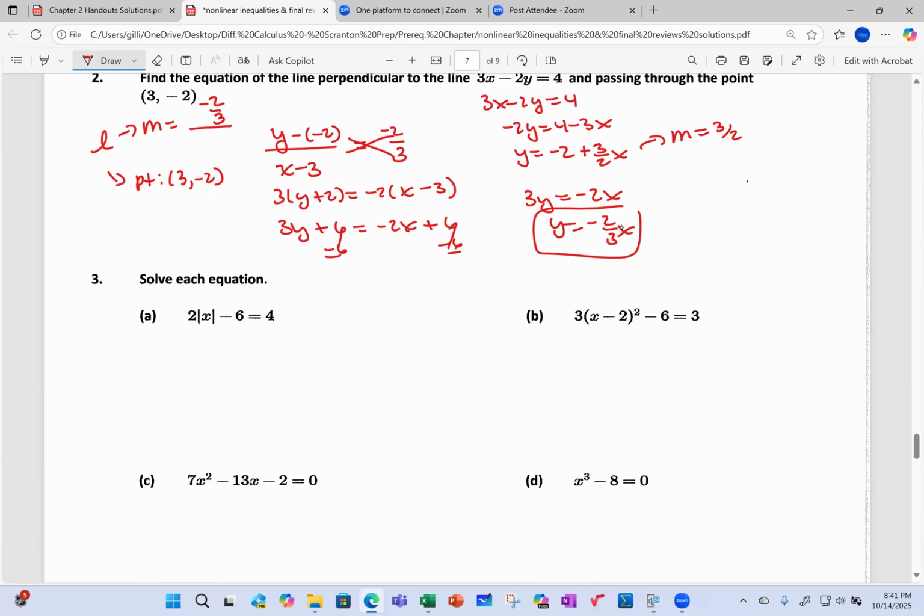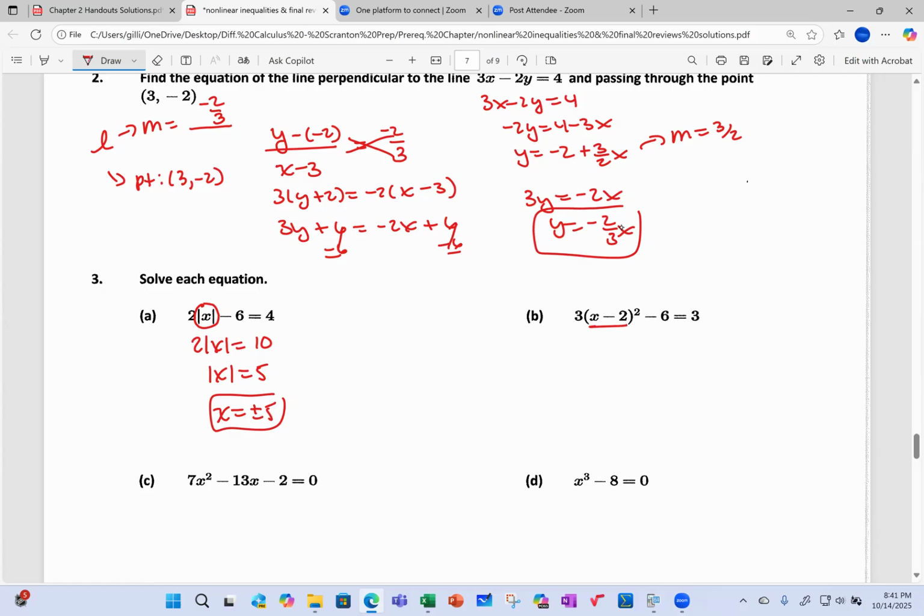In number 3, just a pile of equations to solve. I want this piece alone. I'm going to add 6 to each side, get 10. Divide by 2 to get 5. And x will equal plus or minus the square root of 5. Over here, don't overcomplicate this.